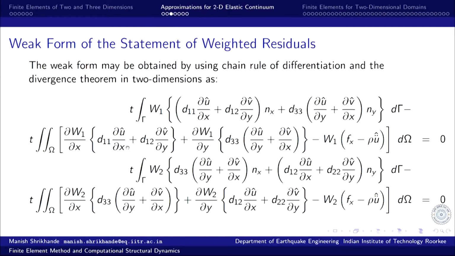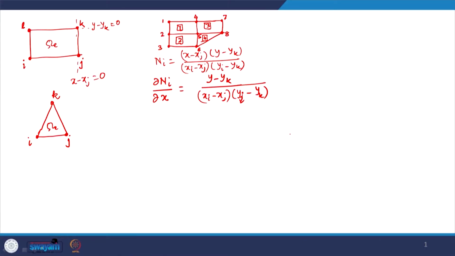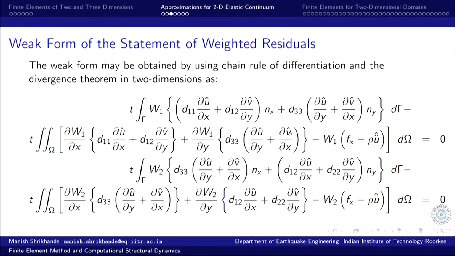So, again the derivative is defined in terms of the nodal coordinates, and this expression can then be evaluated with respect to x and y. So, the domain integral and this entire expression will be known as the stiffness matrix of the problem.